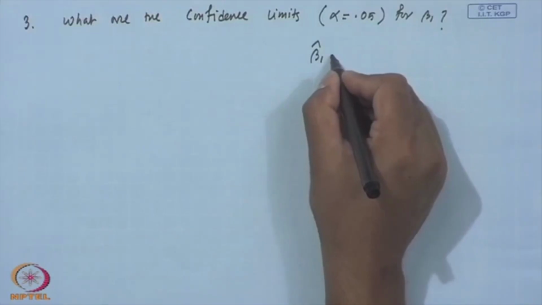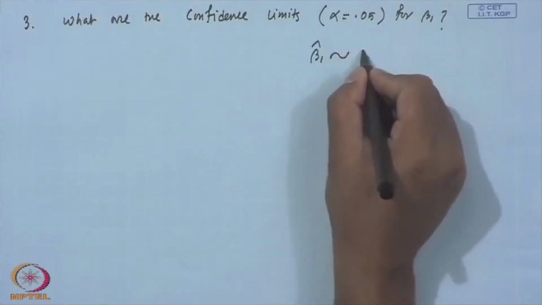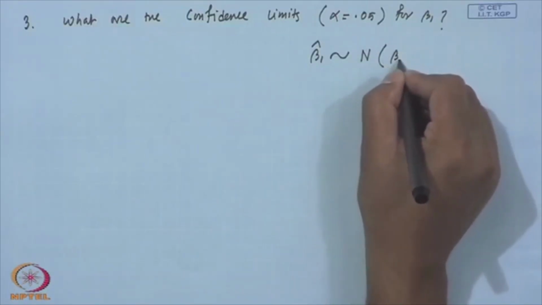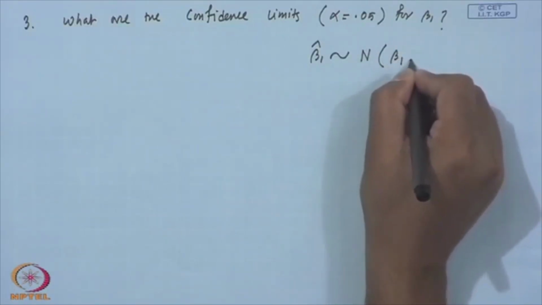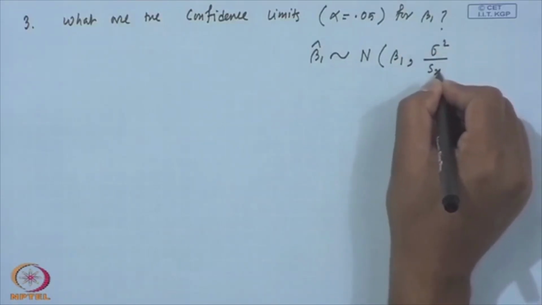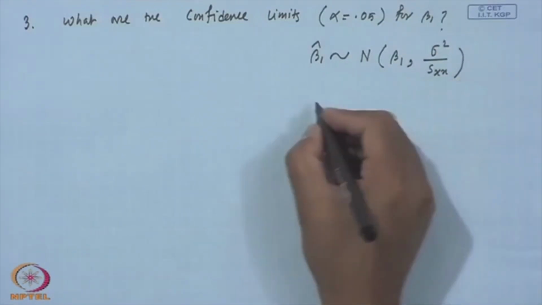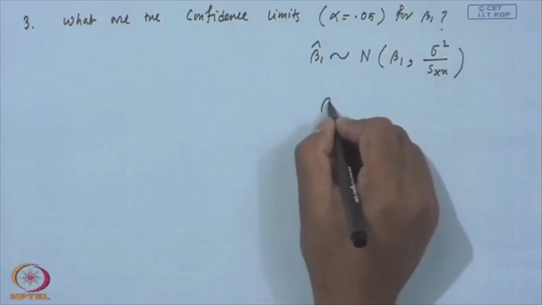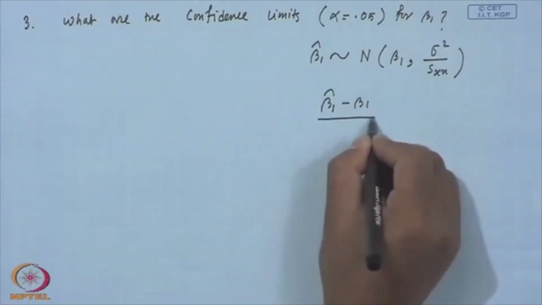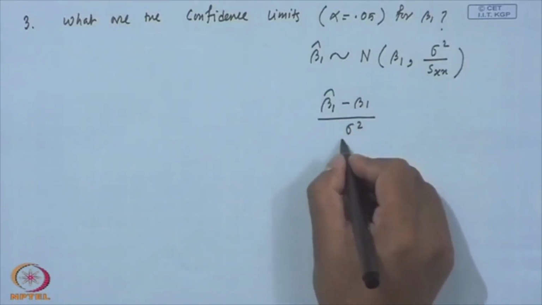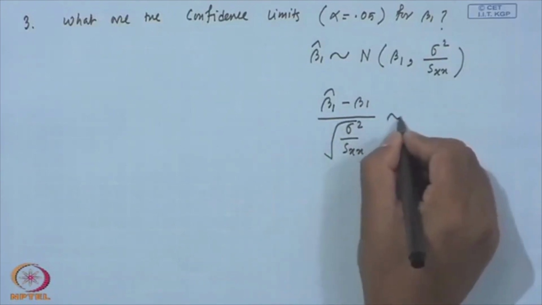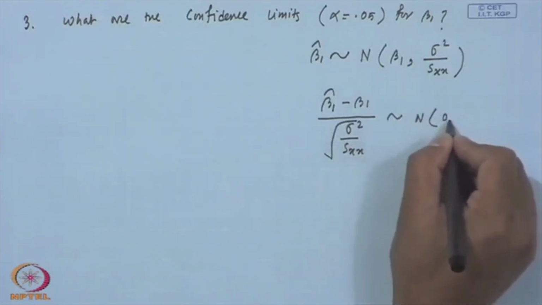So, this follows normal distribution with mean beta 1 and variance sigma square by S x x. Okay. So, I can write this as (beta 1 hat minus beta 1) by square root of sigma square by S x x. This follows normal 0, 1.